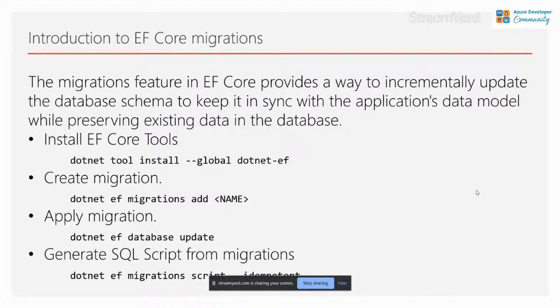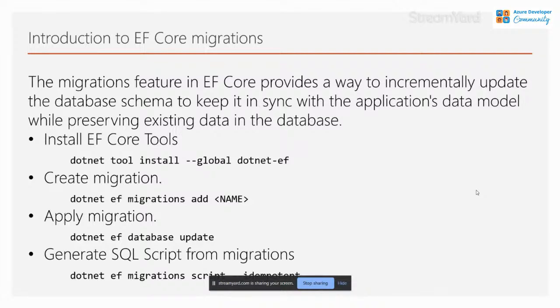When you start development, you will create a project. Then you will add the DB context and model classes. Once you create the DB context and model classes, you can create the migration based on your configured database.